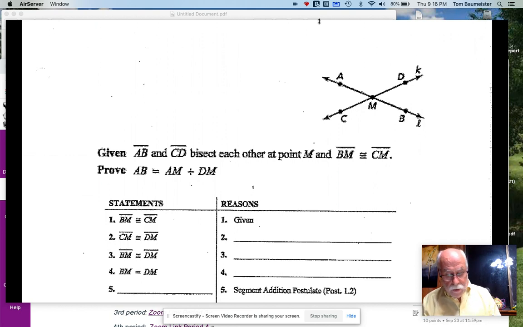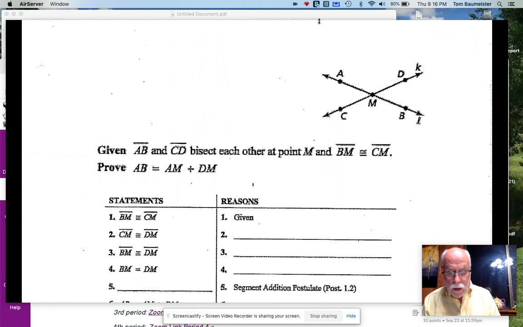So they're telling us that BM is congruent to CM, all right? But again, if they bisect each other at point M, you can tell me this, right? Okay, remember the tick marks.